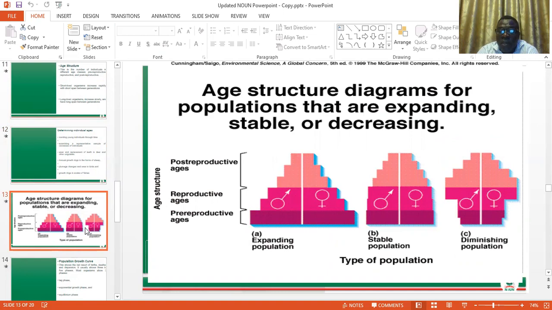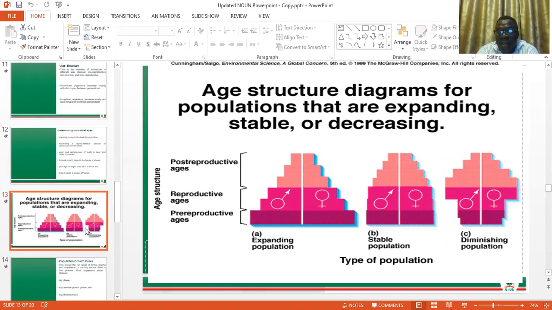Populations that are expanding, stable, and decreasing. As we can see in A, we have more pre-reproductive individuals. That's why such populations are expanding, both the male and the female. But when you have almost equal numbers of pre-reproductive, reproductive, and post-reproductive ages, such a population is stable.